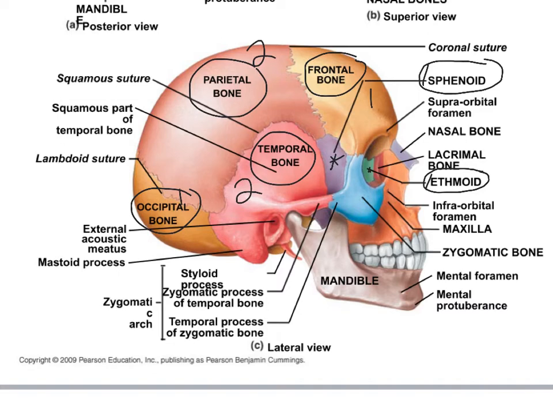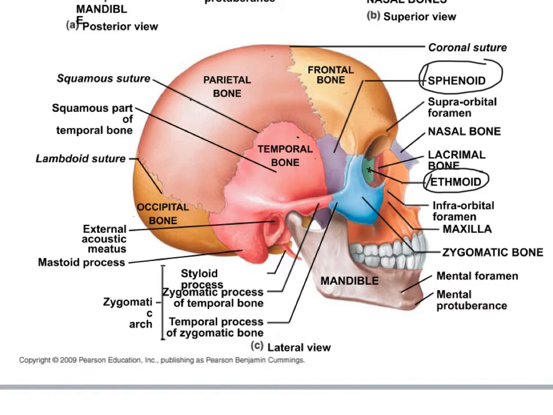Okay. So now let's look at the sutures in between each one of these cranial bones. Let me erase this so you can see them a little better.